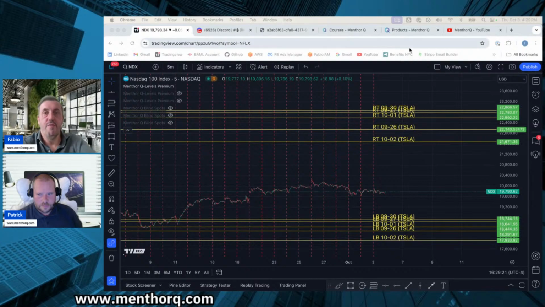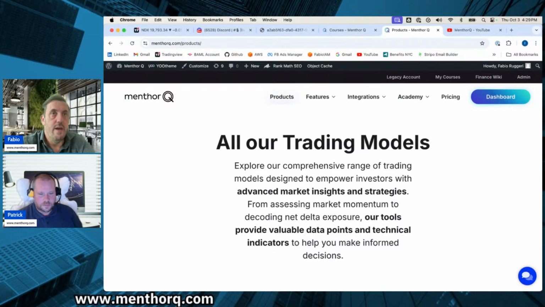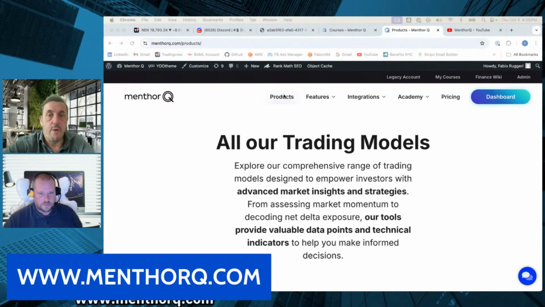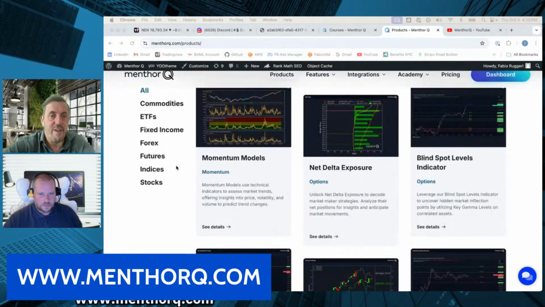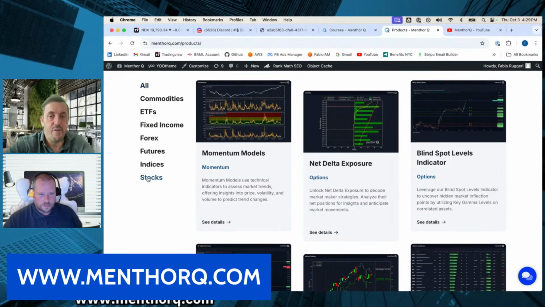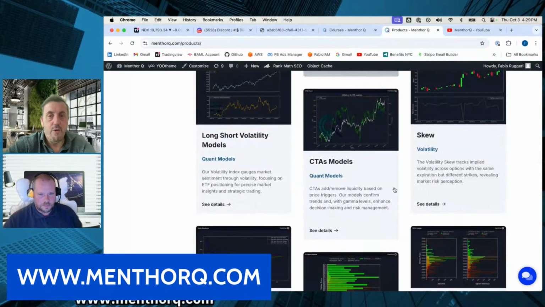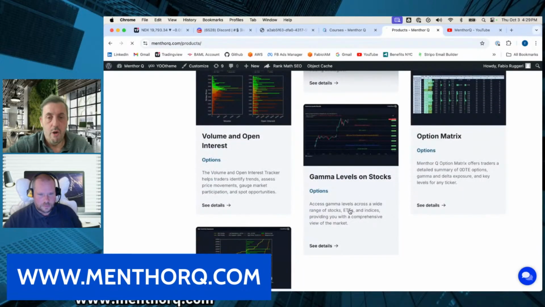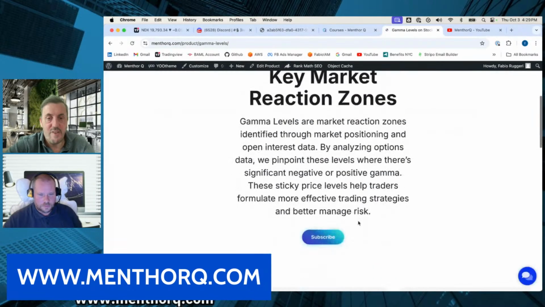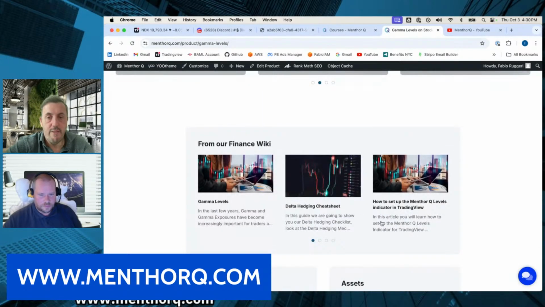So first of all, if you are not familiar with our models, you can go to our website, click on products right here at the top, and then you can see all the different models. So here, for example, if you're a futures trader or a stock trader, you can see what models apply to your trading style or to your asset. We have skew, we have CTS model, we have a lot of different things. By clicking on the document here, you can access all the different features, any documentation that you might find relevant.